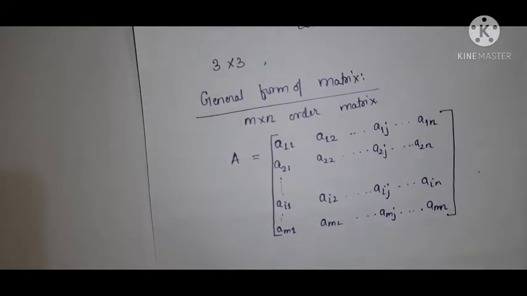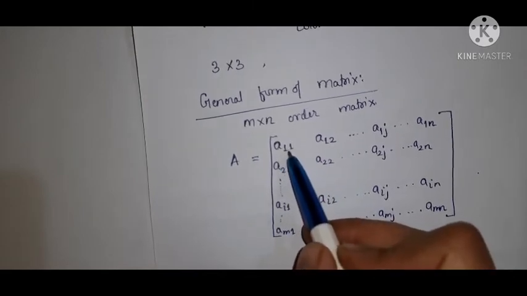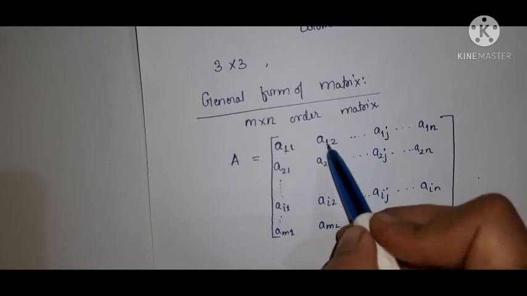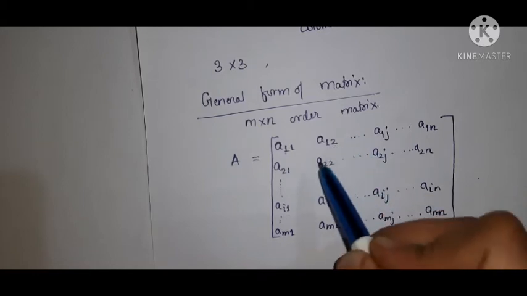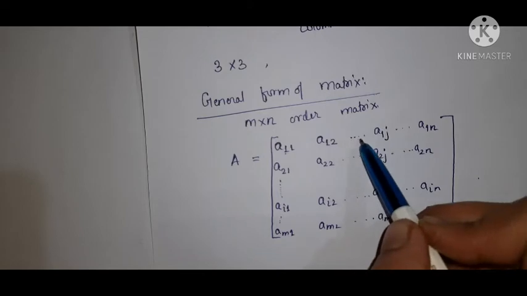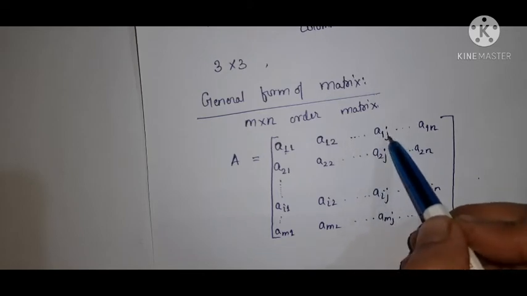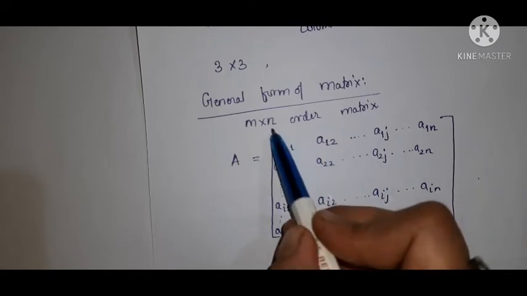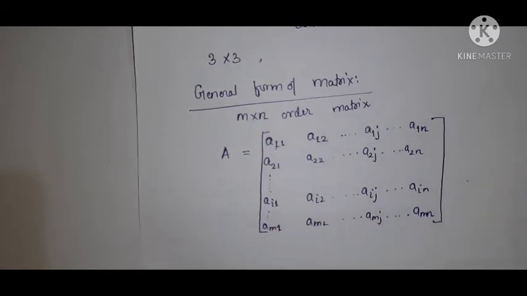Here the first element A11 means first row, first column. Then this one A12, first row, second column. In this way we move to first row, jth column and first row, nth column. Because we have how many columns? N. Here this is ith row, means Ai1, i row first column, i row second column, i row jth column and i row nth column.